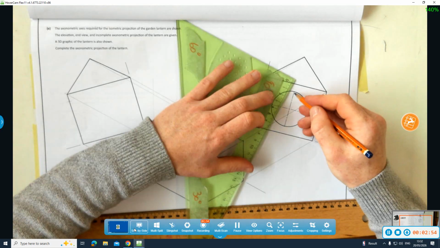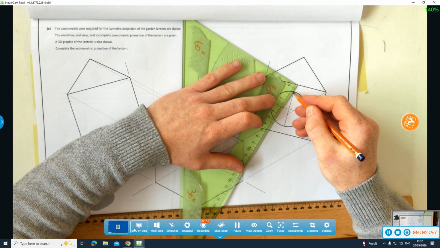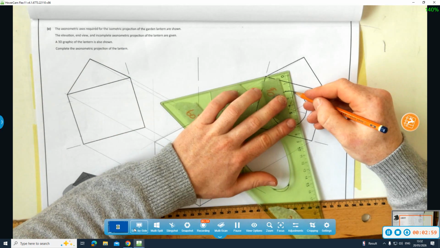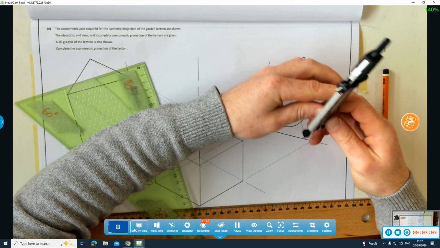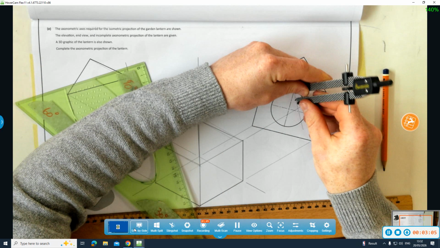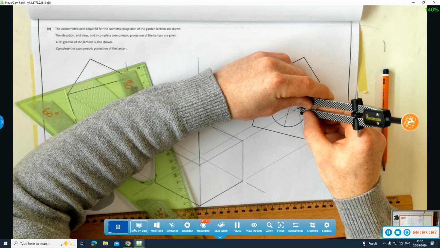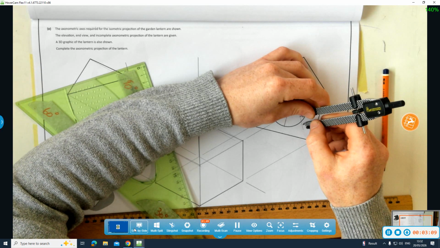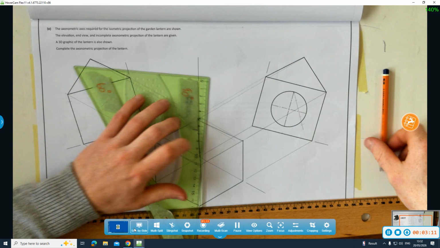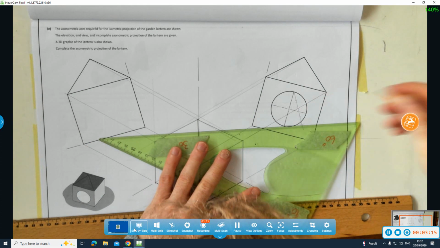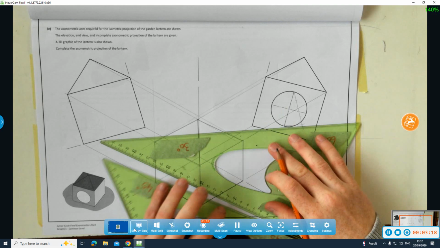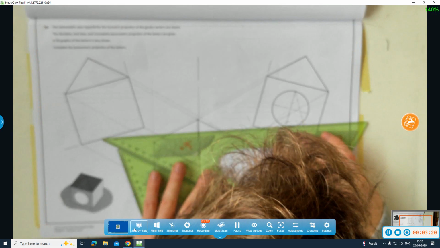So to divide a line into an equal number, draw a line at any angle, any distance, swing off how many points you want. I'm going to do 4. So 1, 2, 3, and 4. Your last point gets joined up to the end of the circle, and then your other ones are parallel to that.